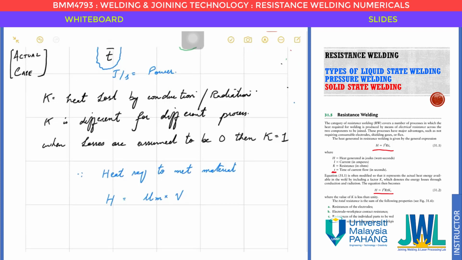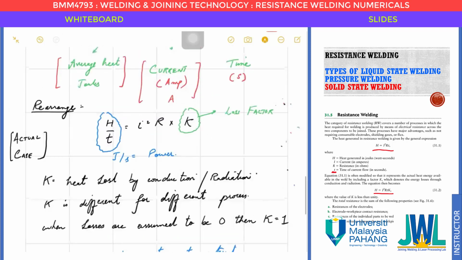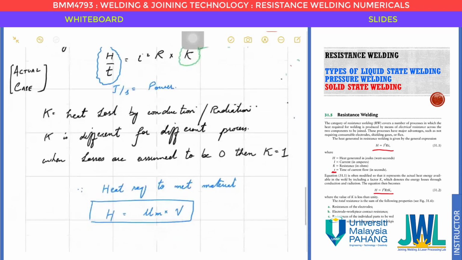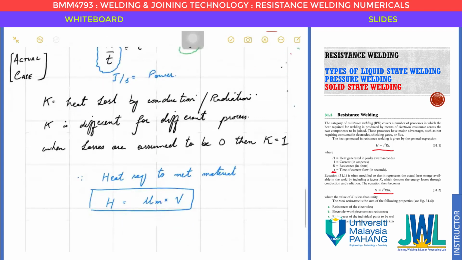So this is the heat required to melt the material, and the other is the heat generated during the resistance welding operation, which is dependent on the current and resistance. So this formula is the process formula. And the formula for heat required to melt a material depends on the material properties.